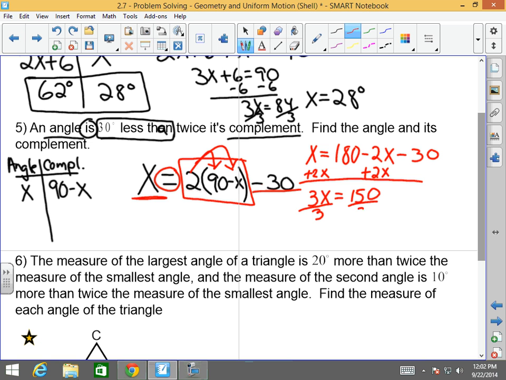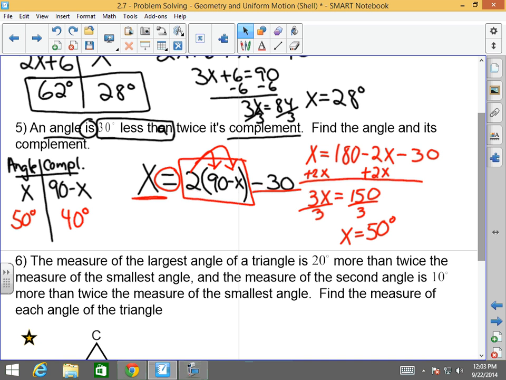Divide by 3 on both sides. x equals 50 degrees. I want to find both the angle and the complement. So the angle is x, 50 degrees. The complement is 90 minus 50, which is 40 degrees. And since 50 plus 40 equals 90, you're golden.